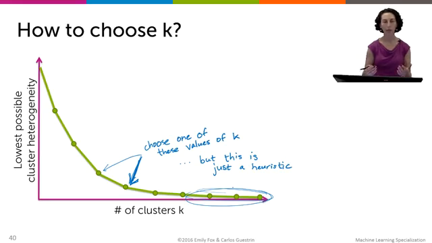So in practice, what people do is they just do multiple random restarts of our algorithm, even if we're using k-means++ or random initializations, do a bunch of different restarts for every value of k, and then just look at the clustering that provides the lowest measure of heterogeneity, plot that as a function of k, and then choose k based on that.